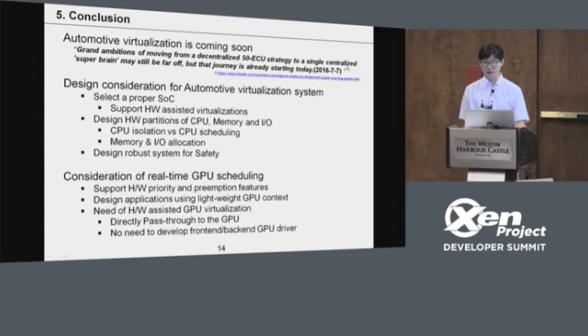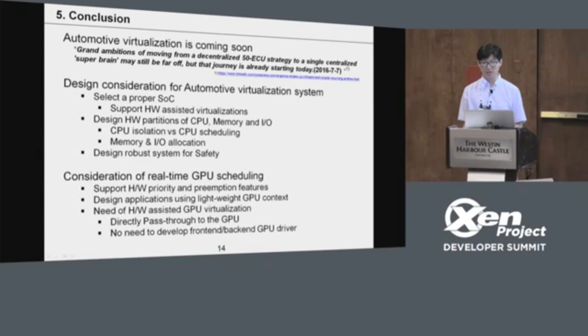Before I conclude my presentation, I want to give you some tips if you are considering or starting an automotive virtualization project. You should consider it from the beginning of hardware system design. Select a proper processor with hardware assisted virtualization within limited cost.